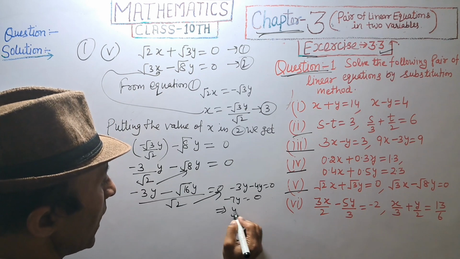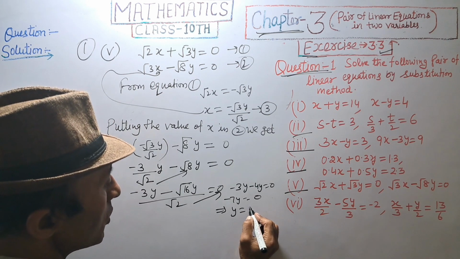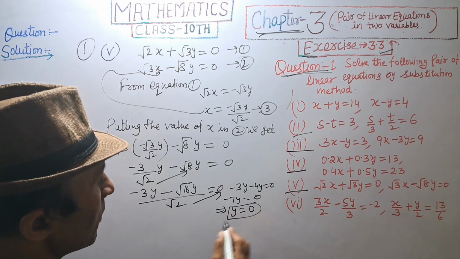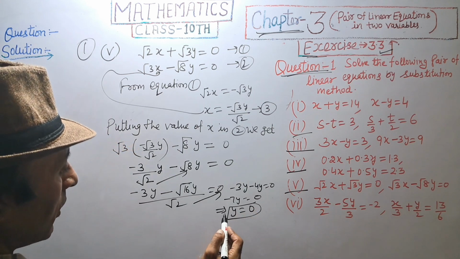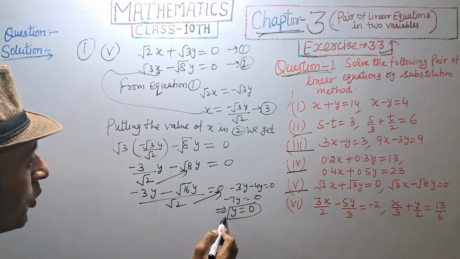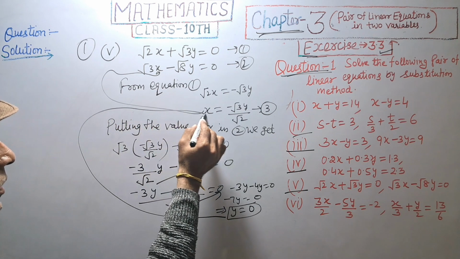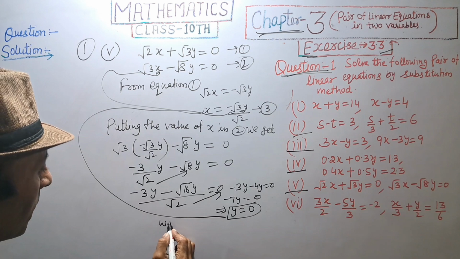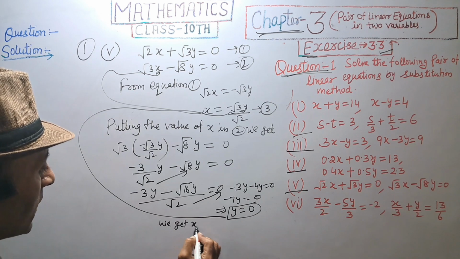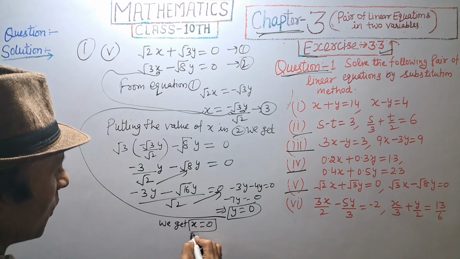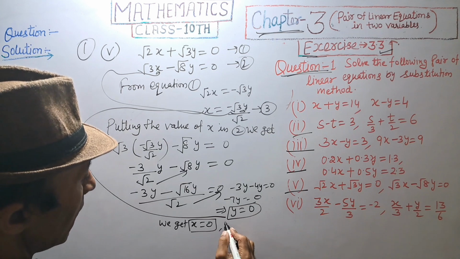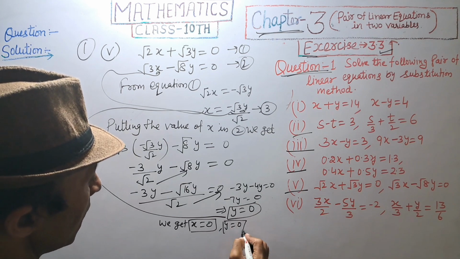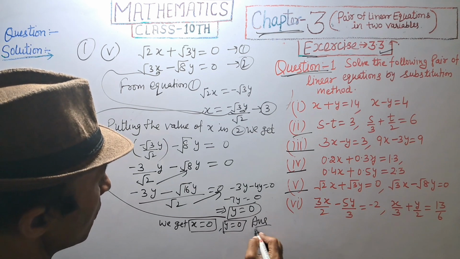This implies y is equal to 0. And y equal to 0 put in equation number third, we get x is equal to 0. So x is equal to 0 and y is equal to 0, and the answer is 0, 0.